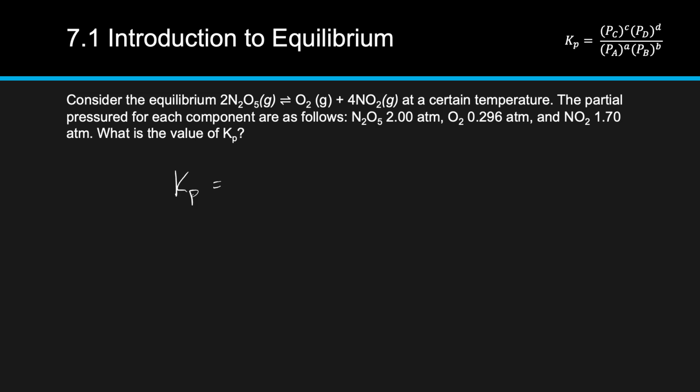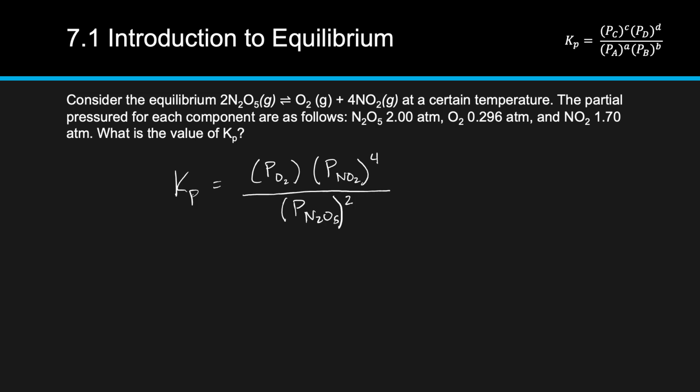So we are still doing products over reactants, but it's going to be in parentheses, and it's going to be the pressure of our product, in this case O2, raised to the power of its coefficient, which is 1, and the pressure of NO2 raised to the coefficient of 4. And then on the bottom we have our reactant, which is the pressure of N2O5 raised to the second power.